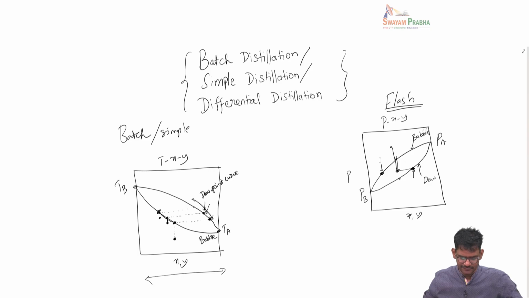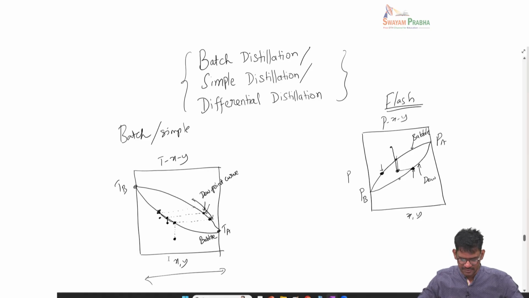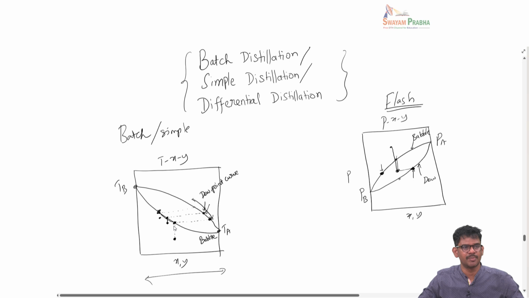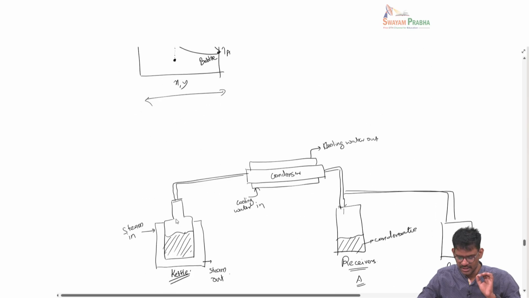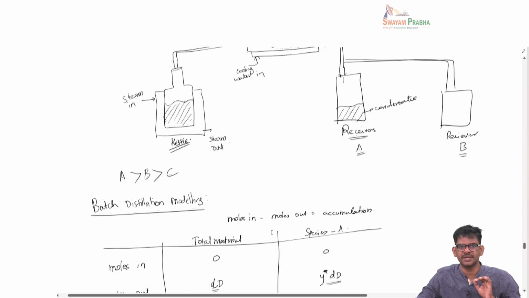From the operation point of view, like I said here, you start from a liquid, reach the bubble point, create the first vapor, remove it, and then you supply more heat, and then you travel along this bubble point. At each point when the vapor is created, you are separating it out. So this basically means doing a very large number, or infinitely large number, of flash operations at each of these points, okay.